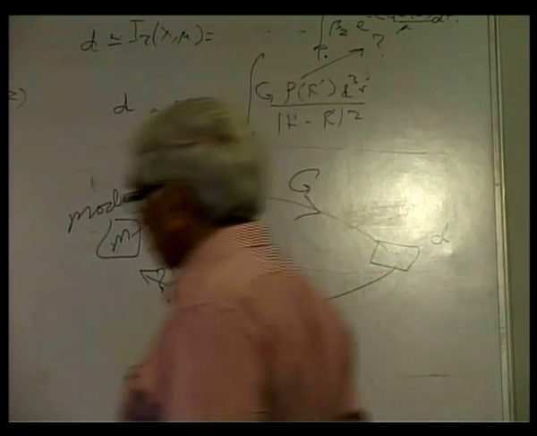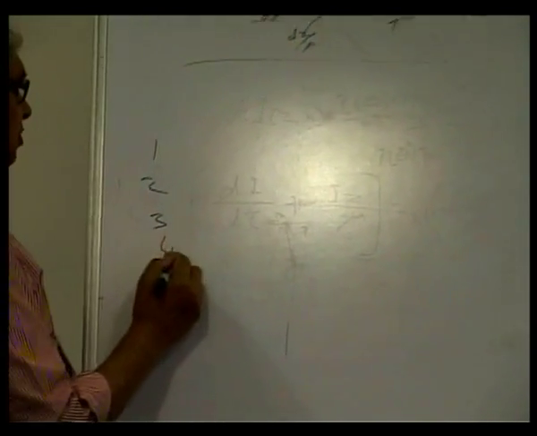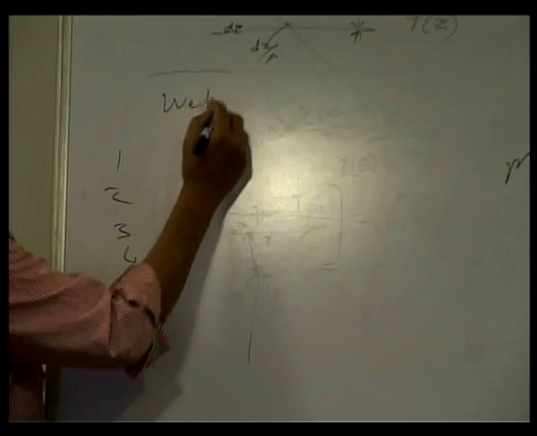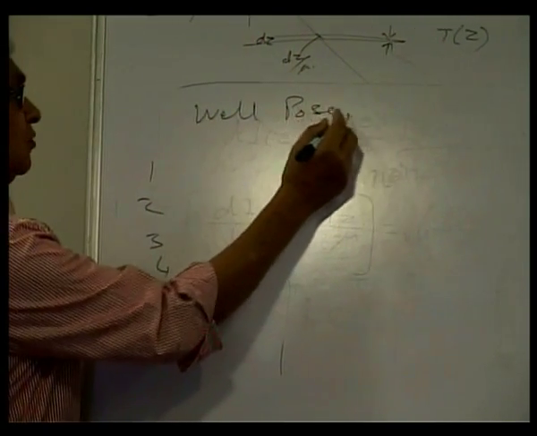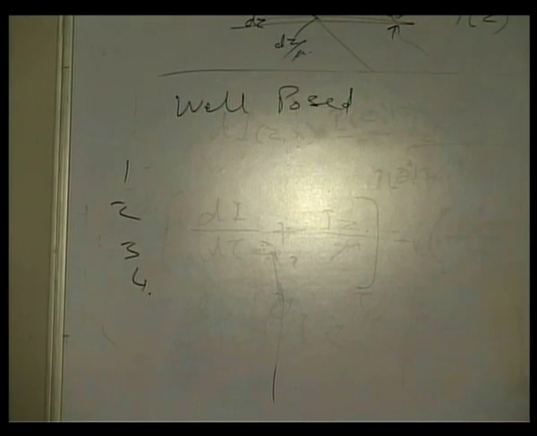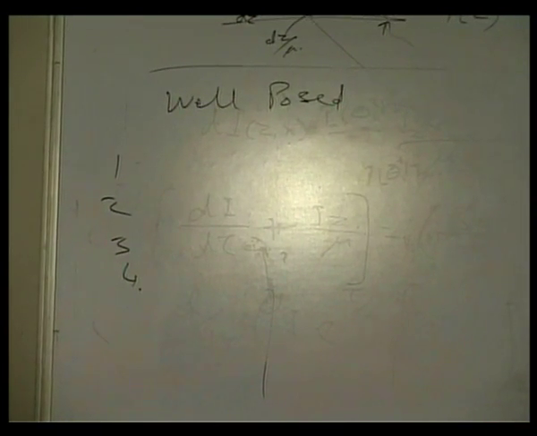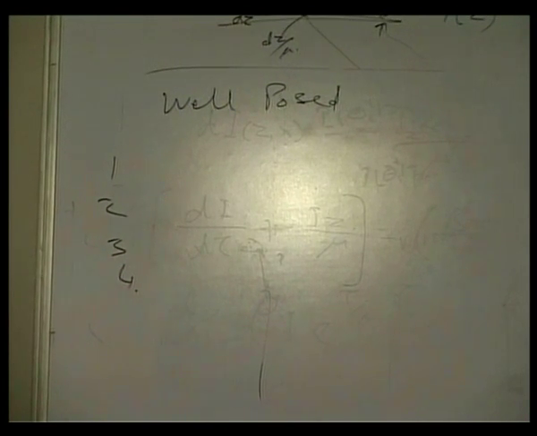But Hadamard, I forget when he was, but he wrote 4 conditions that well-posed problems must satisfy. And these 4 conditions were, I won't write them, existence. The solution must exist. Questions which physicists never bother to answer. They just assume that the solution exists. But I'll give you an example.